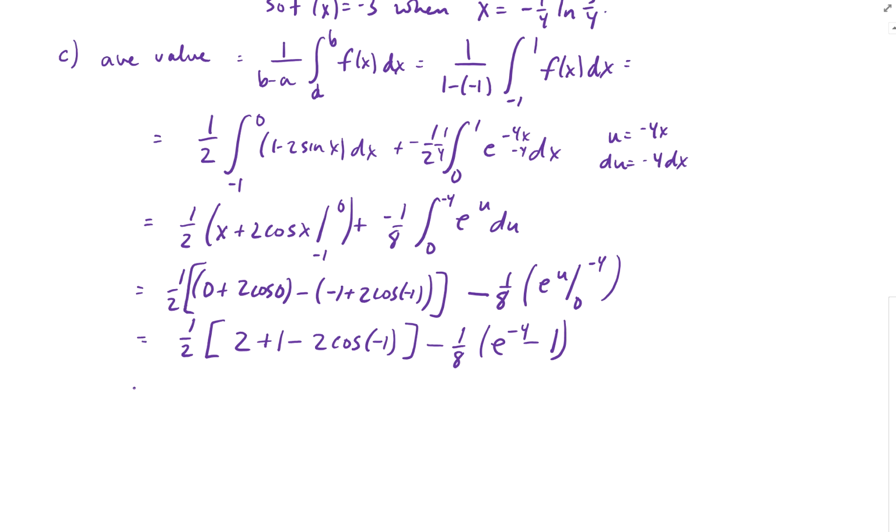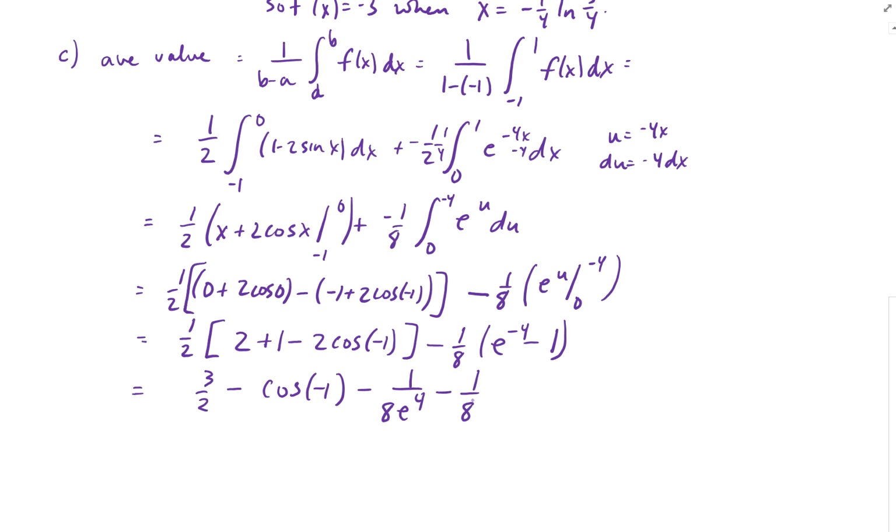So we'll do a little simplifying. 2 plus 1 is 3, so it'll be 3/2 minus cosine of negative 1. And then this becomes minus 1 over 8 e to the 4th minus 1/8.